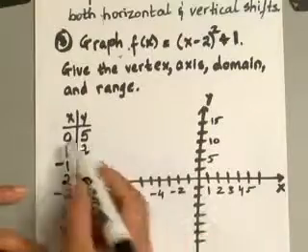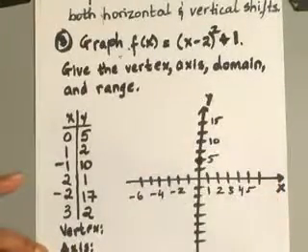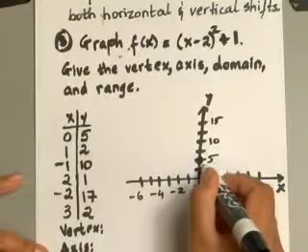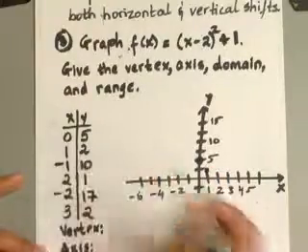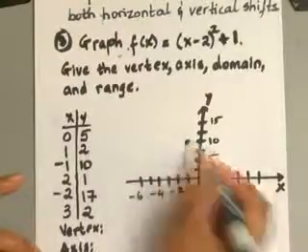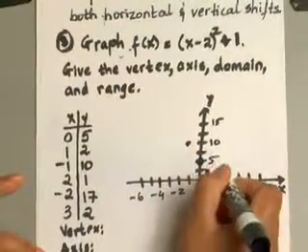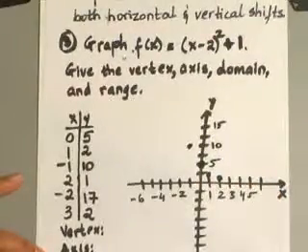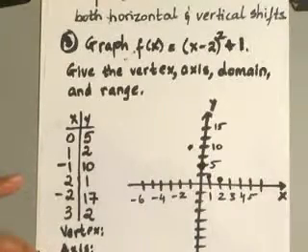Okay, we'll start with 0 at 5, 1 at 2, so that's going to be somewhere right here. -1 is at 10. Let's see, 2 is at 1, so it's going to be somewhere right here, not on the x-axis, it's going to be a little above the x-axis.